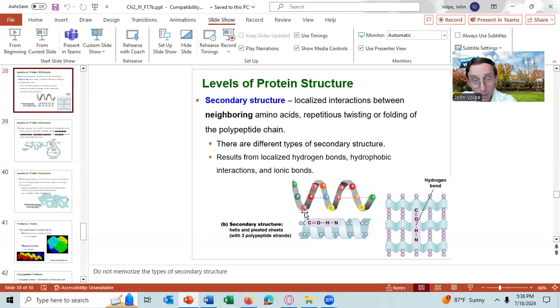That can be a nonpolar region with a polar amino acid, or an ionic repulsion where the amino acids both have a positive charge or both have a negative charge.